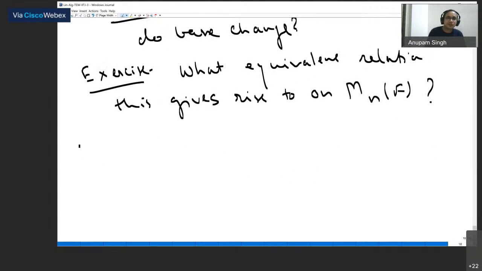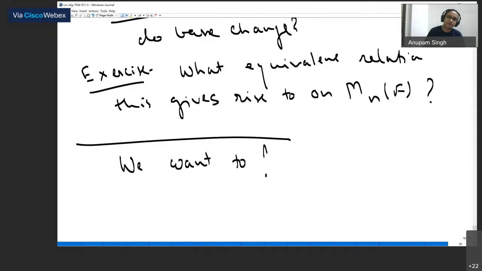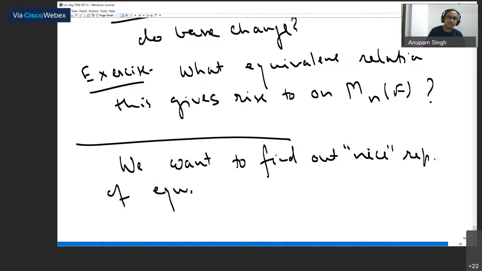And again, the question is to find out the equivalence classes, and nice representatives of equivalence classes. This is the question we asked.